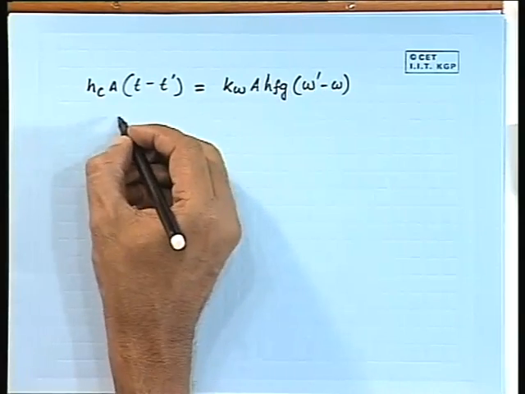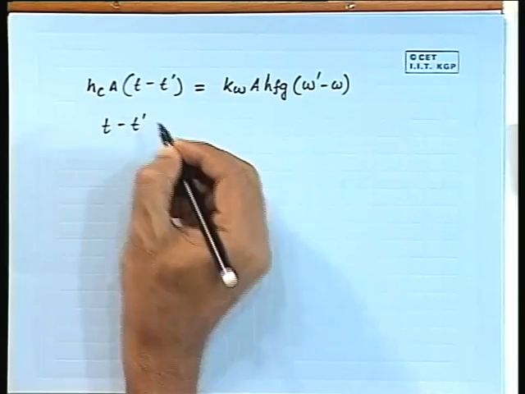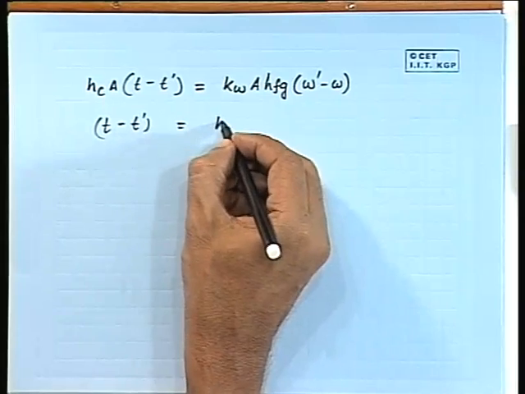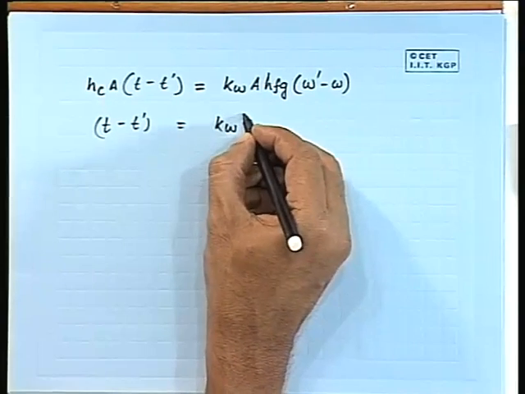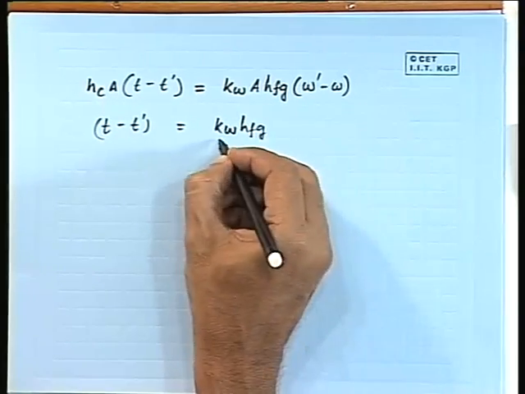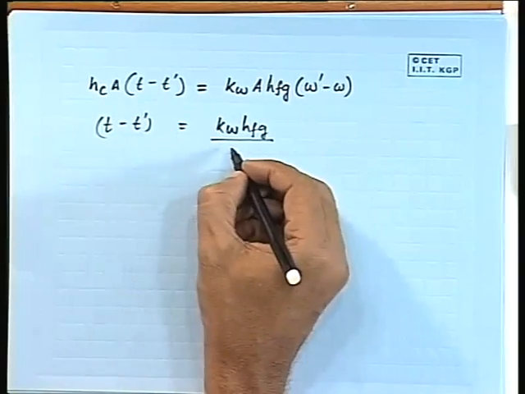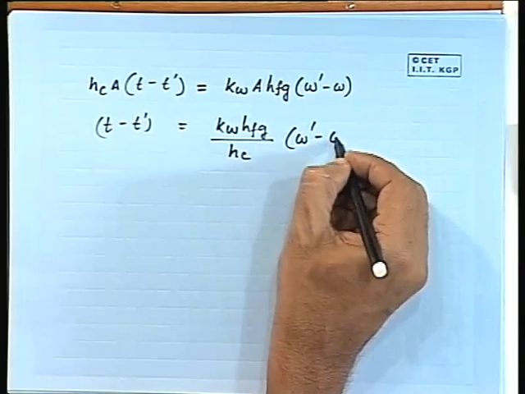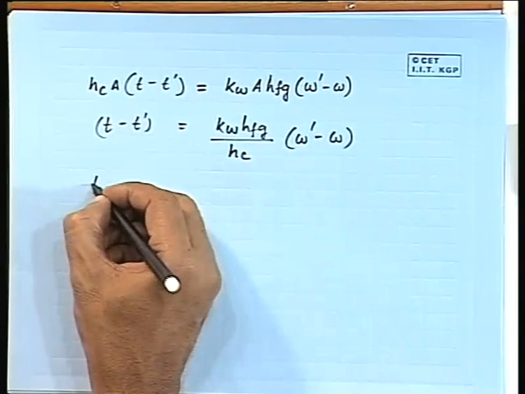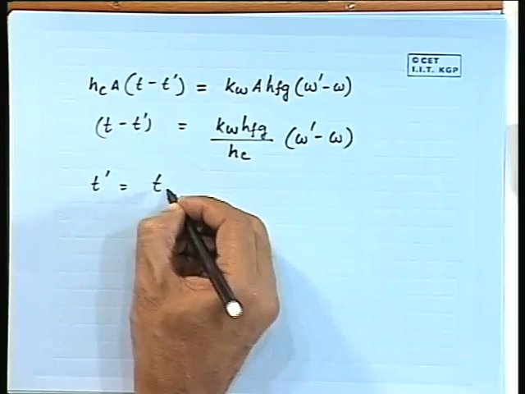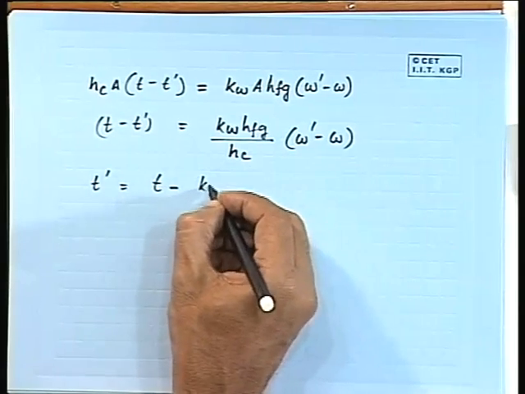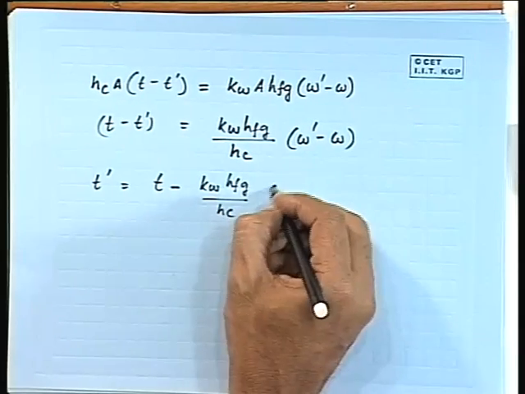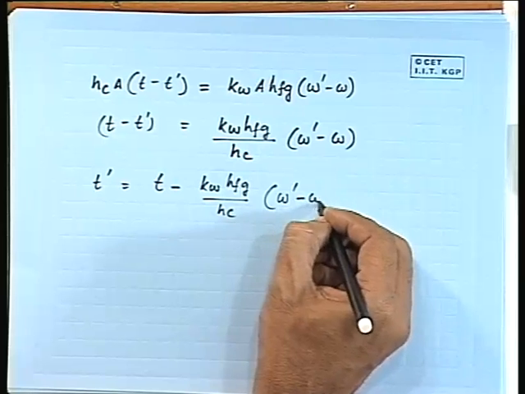A gets cancelled from both the sides, so T minus T dashed equals K_W h_fg divided by h_c, times (W dashed minus W). T dashed is equal to T minus K_W h_fg divided by h_c, times (W dashed minus W).